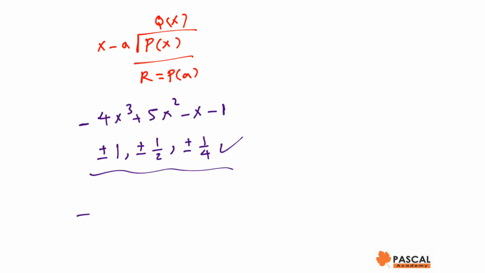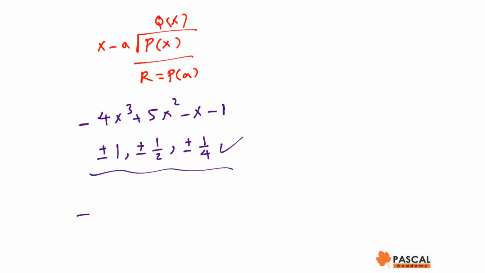Then we used the rational zero theorem to factor a polynomial. To factor a polynomial, we start with rational zeros. We plug them in. If one of them makes the expression p of x, or dividend, 0, then x minus that number is a linear factor.